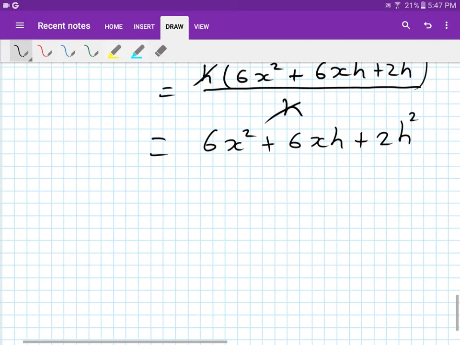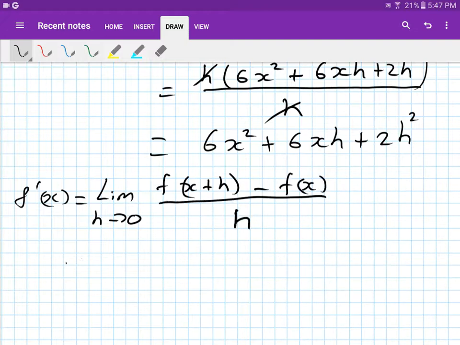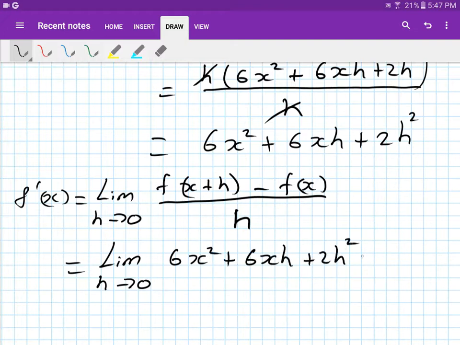Now, okay, the rule: f dash x is equal to limit h approaches 0 of f of x plus h minus f of x all over h, which is the same as limit h approaches 0 of 6x squared plus 6xh plus 2h squared.